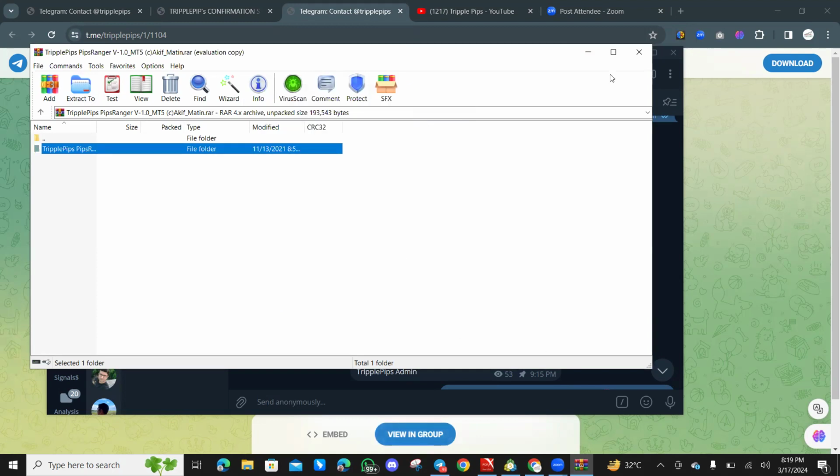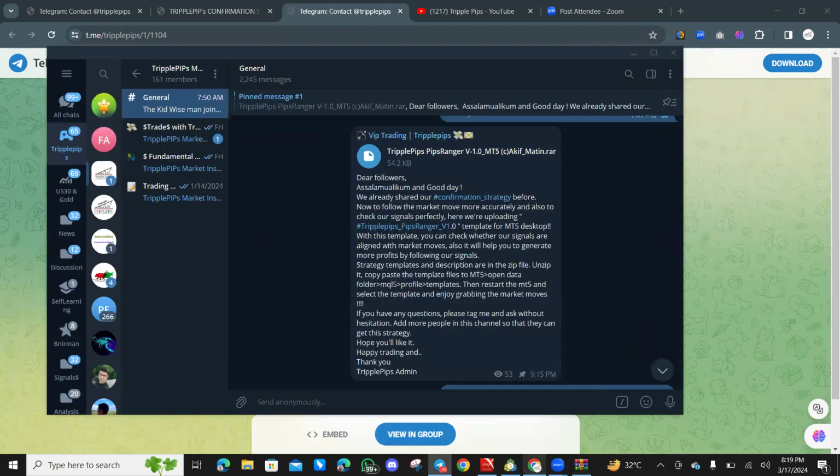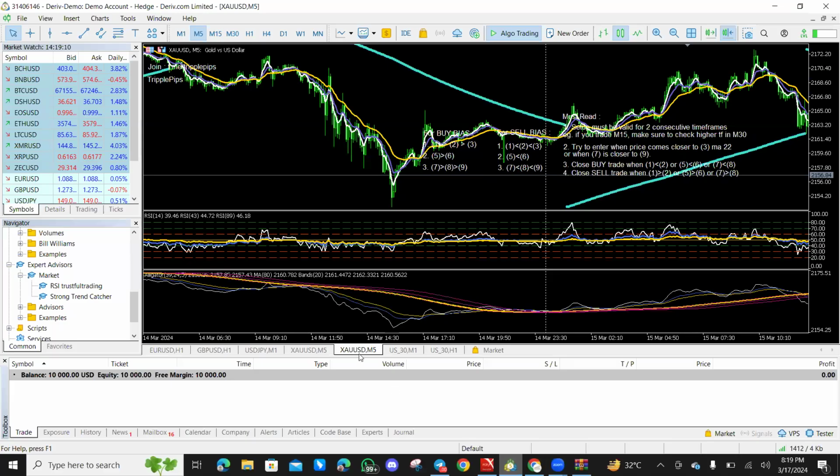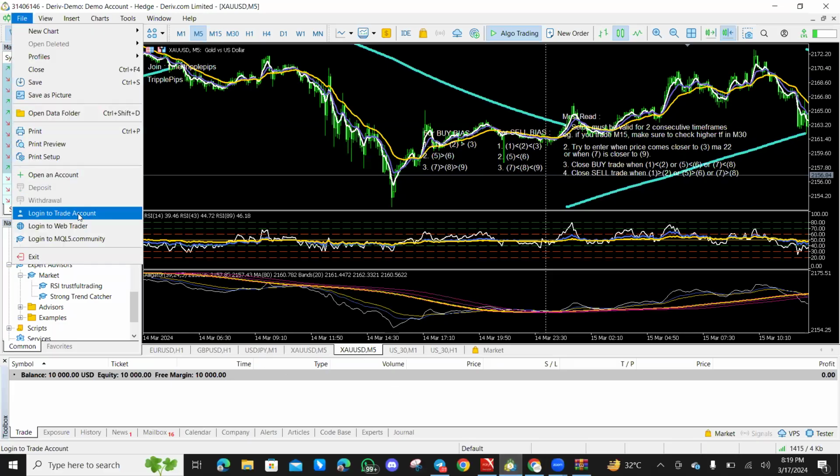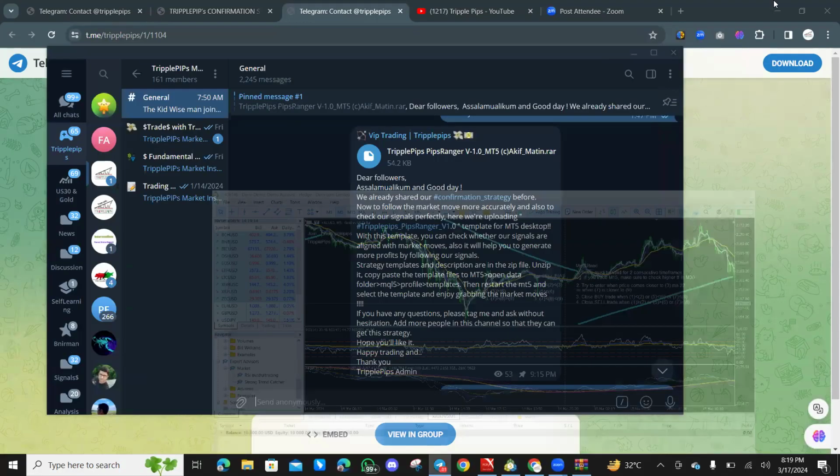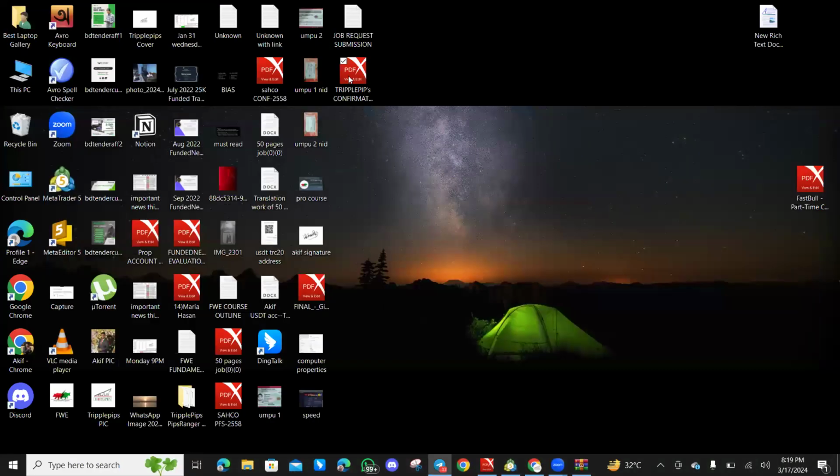Okay, so right now we have downloaded every file. Now you have to open your MT5.